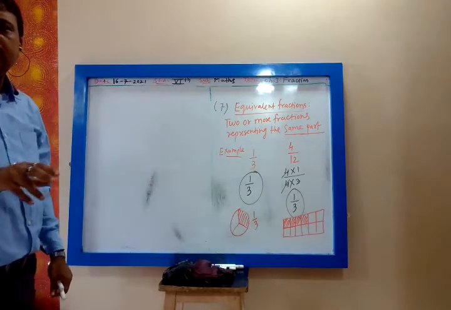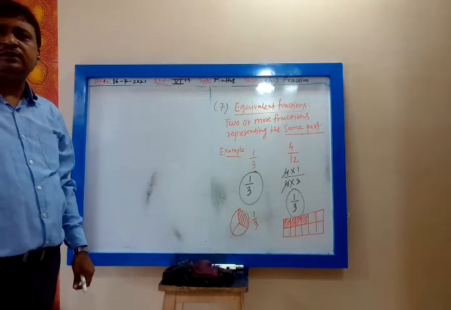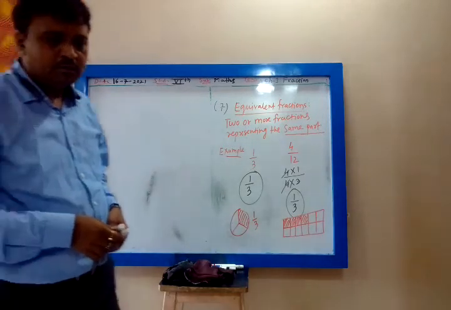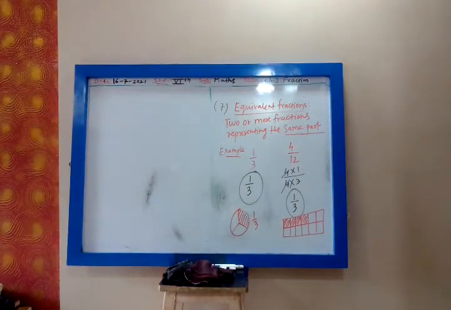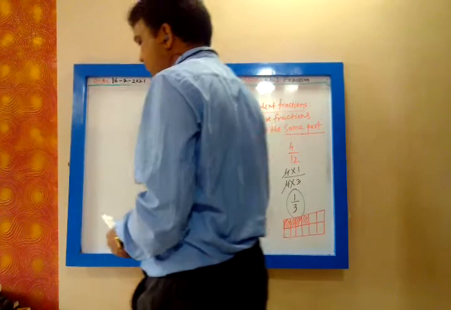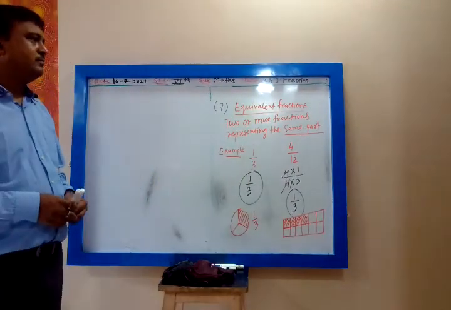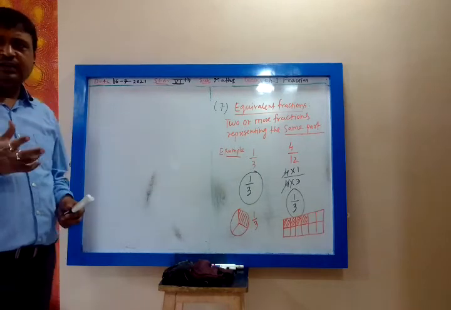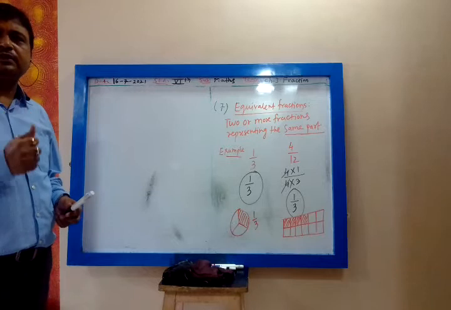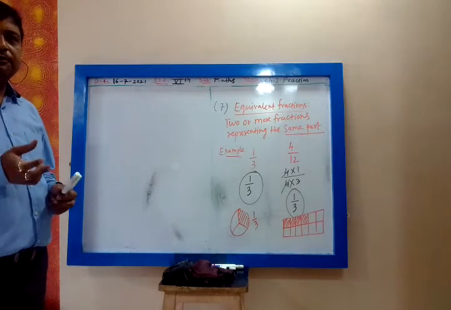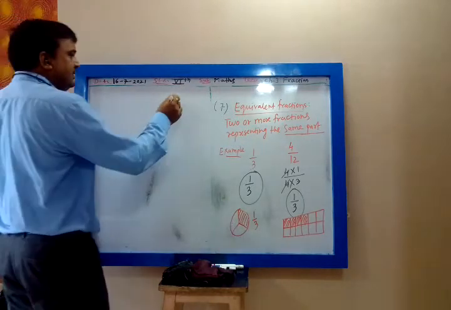In a proper fraction, the numerator is smaller than the denominator. In an improper fraction, the numerator will be bigger than the denominator. So let us start exercise 4.1.